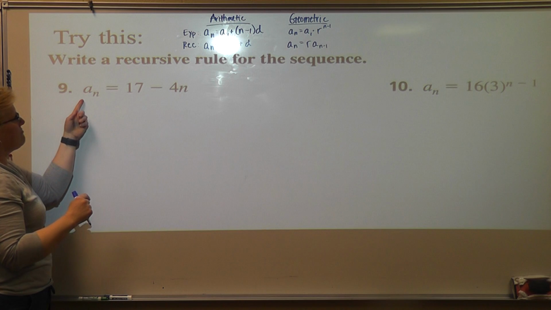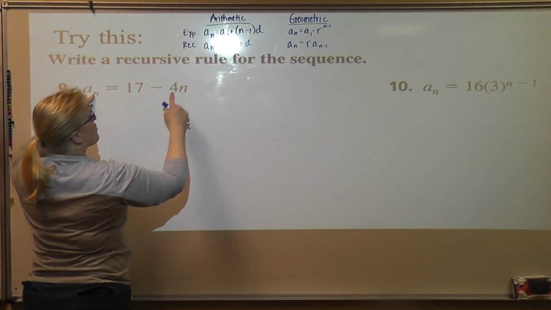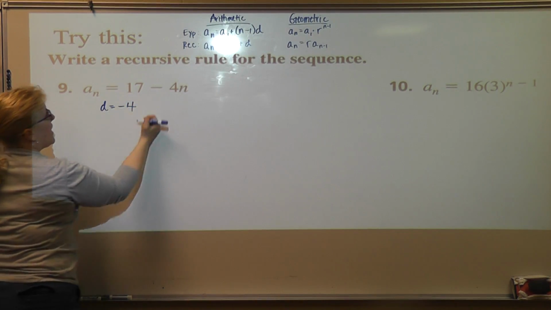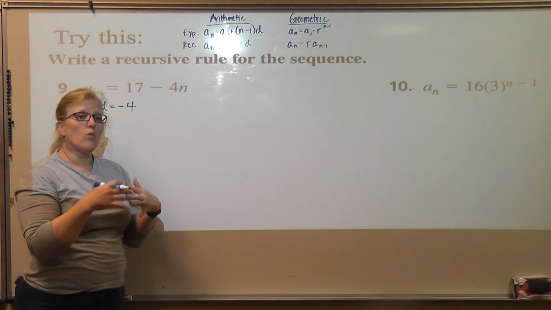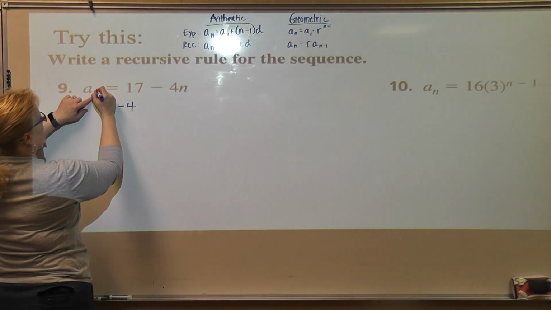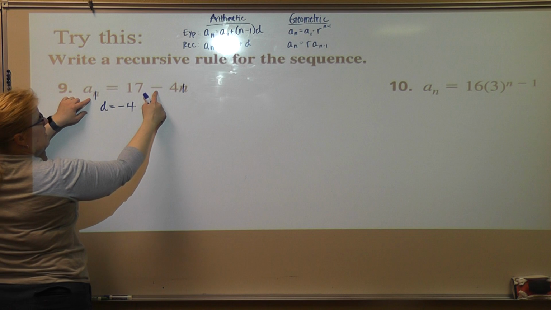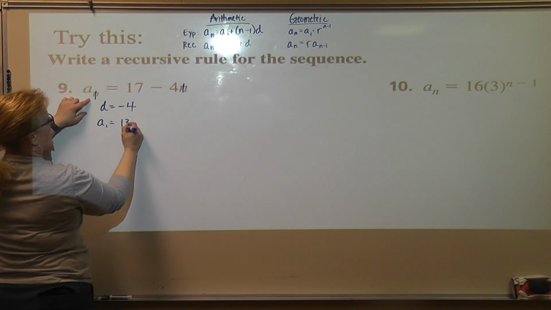Okay, so looking at this, this is in this form, so D is -4. Now I also need a sub 1 so that I know where this thing started. So if I plug in 1 right here, 4 times 1, 17 minus 4 is 13.